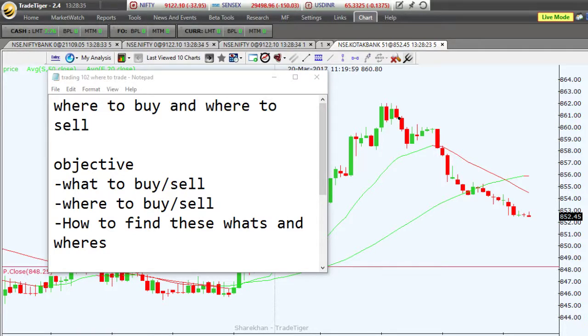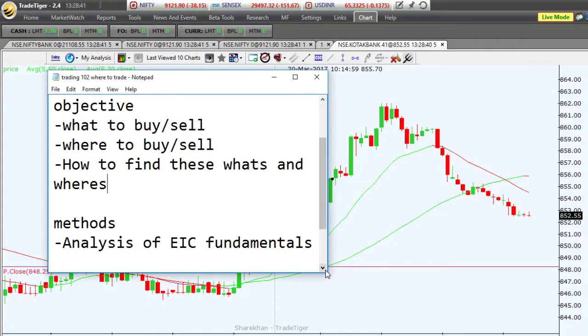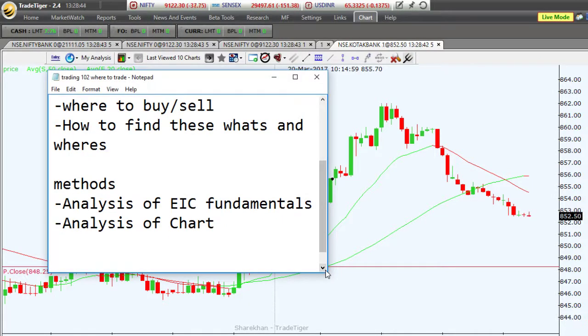These things can be done using two methods. First is analysis of EIC fundamentals, and second is analysis of charts.